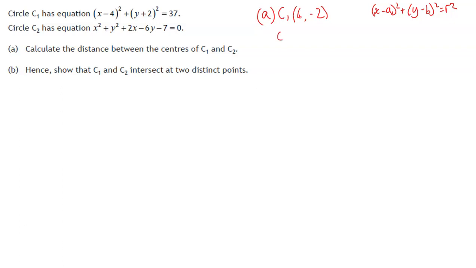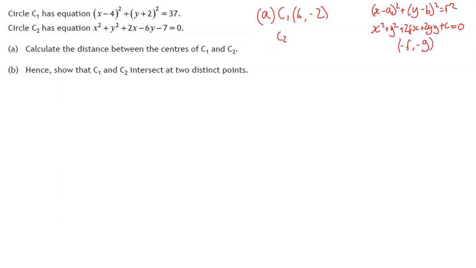Now if I look at C2, circle 2, that's written in the format x squared plus y squared plus 2fx plus 2gy plus c equals 0. For this one, my centre is (negative f, negative g).